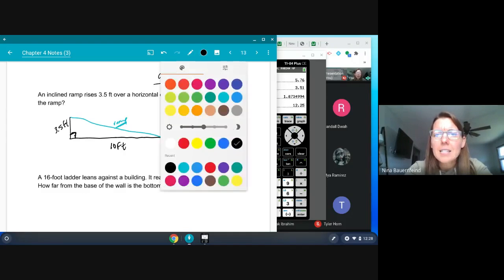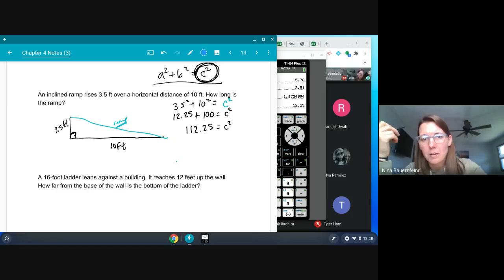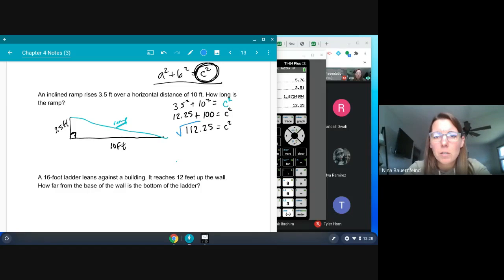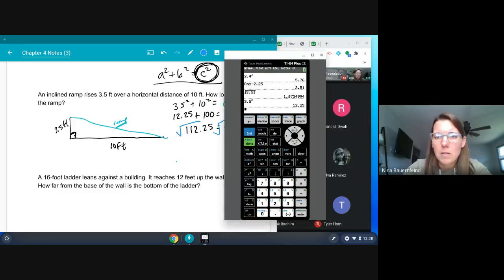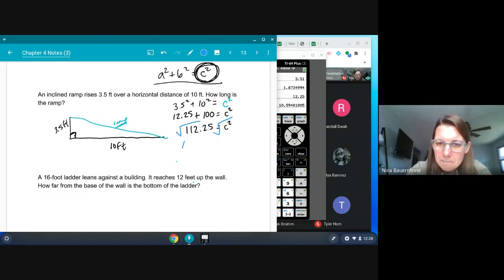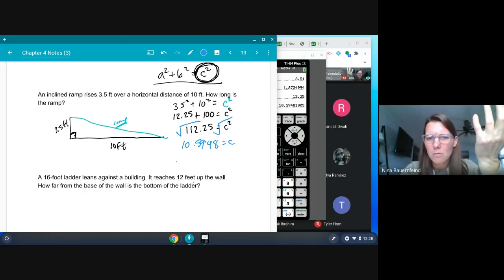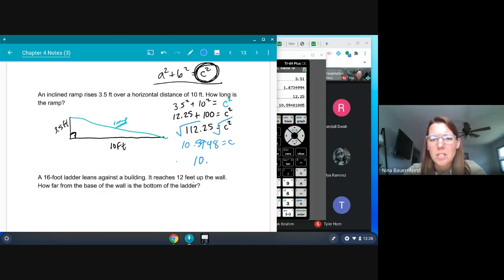And then the last step every time when we're using the Pythagorean theorem is to square root. So 10.59. It doesn't really tell us how much to round, so I'll just say 10.59 feet.